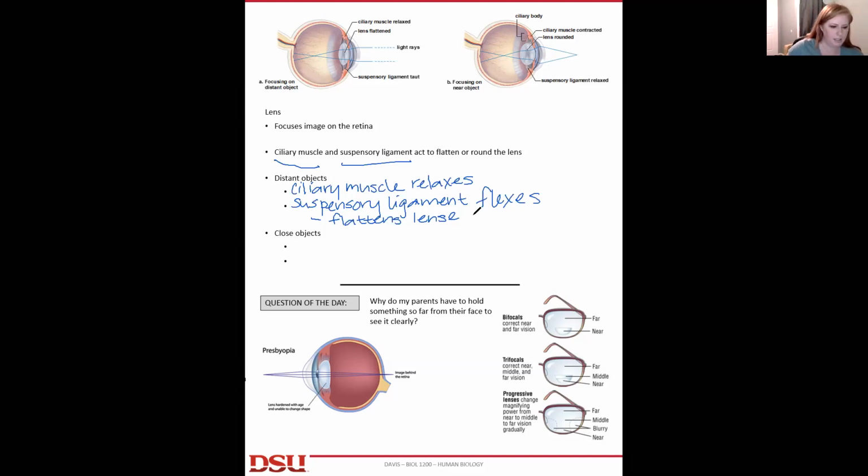And then the opposite is going to happen when we're looking at something that's up close. The ciliary muscle is going to flex, or I guess we could say contract, and our suspensory ligament is going to relax.